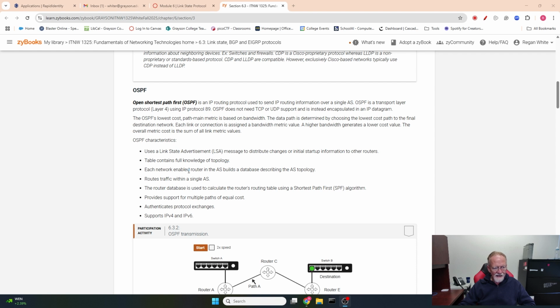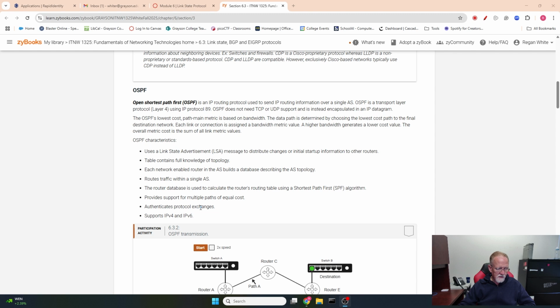Each network-enabled router builds a database describing the network topology, or logical topology. It routes traffic within the network. The router database is used to calculate the shortest path first algorithm.